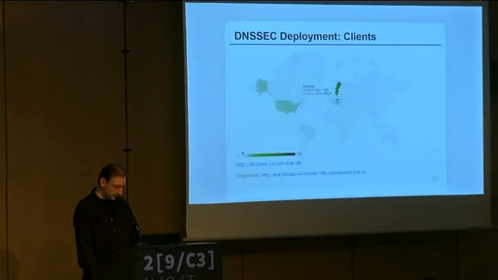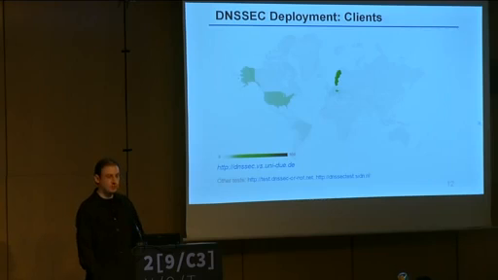And you can see here the Czech Republic is number 2. More than 30% of validating clients. Probably wondering about Germany, it's around 4%. And the United States is number 3. It has more than 10% validating clients. Okay, so there are not so many clients protected by validation, but it's coming. So this number will probably improve over the next months and years.